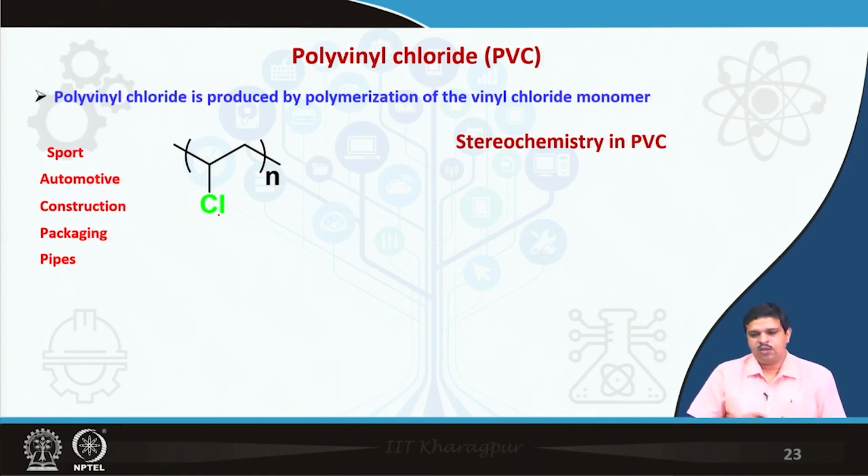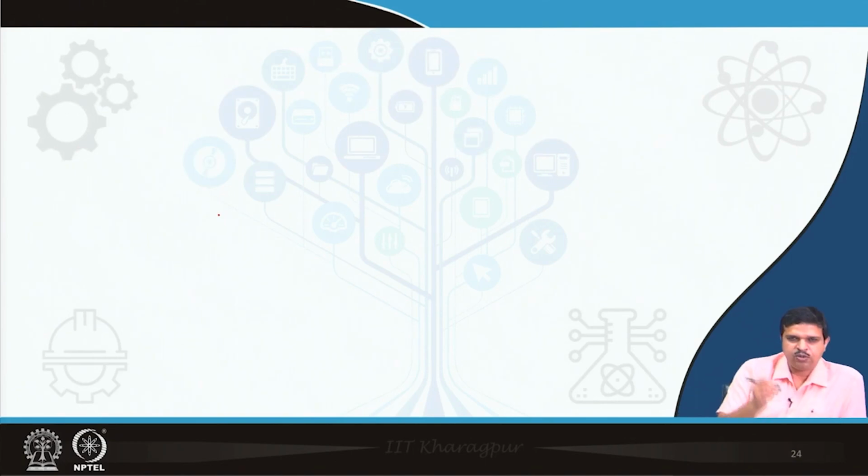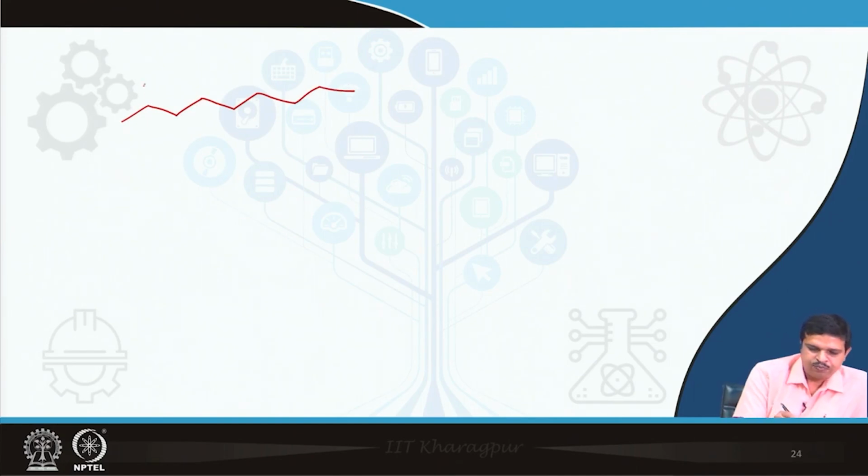I am not discussing in depth the application and others, I am more discussing the chemistry of polyvinyl chloride. As I told, it is very similar to polypropylene. If you understand polypropylene then you will understand PVC.